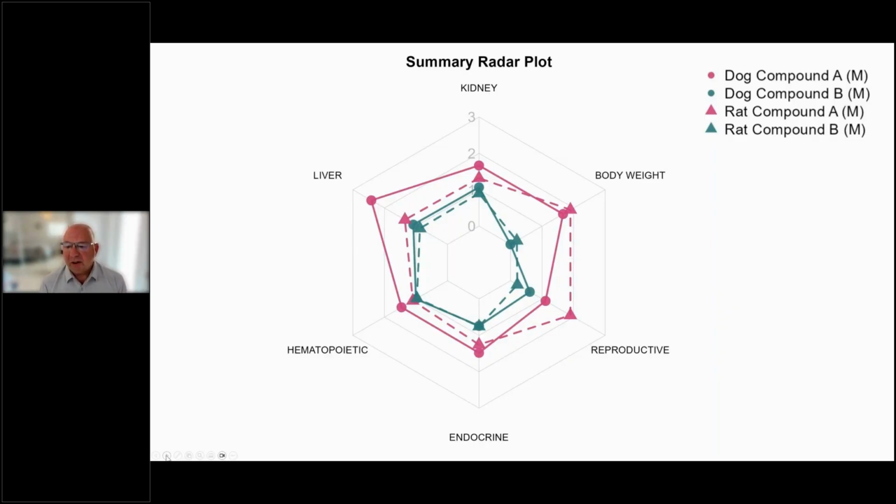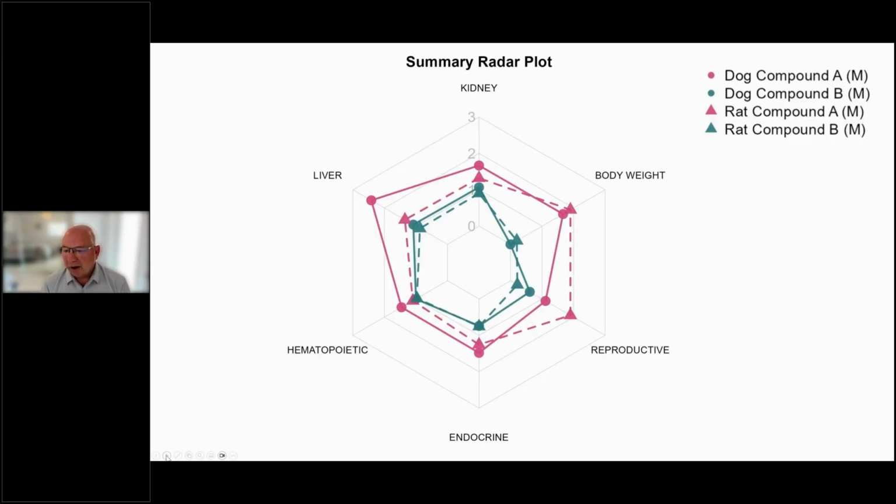And you can see here the compound A, particularly in the dog and rat, seems to sort of separate in the radar plot as it's further out in the spokes, indicating that there are bigger changes with those compounds. And you can see particularly with liver in the dog that there's some things there that are driving that Z-score higher. We'll dig into that in a minute.